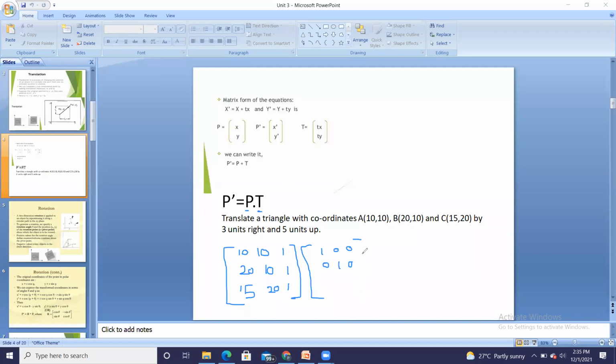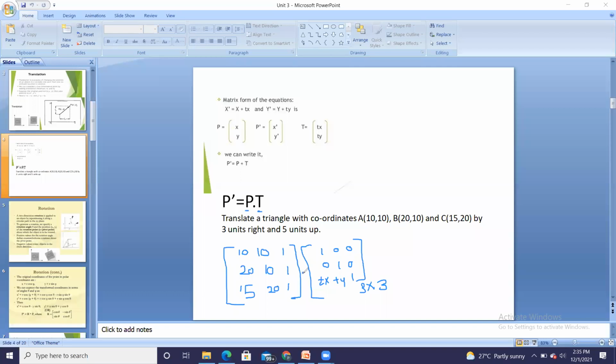So here we are going to have a 3 by 3 matrix, where it is a unit kind of matrix. Only 2 elements are changed, and those are with respect to your x translation and y translation. So this gives you the translation matrix.